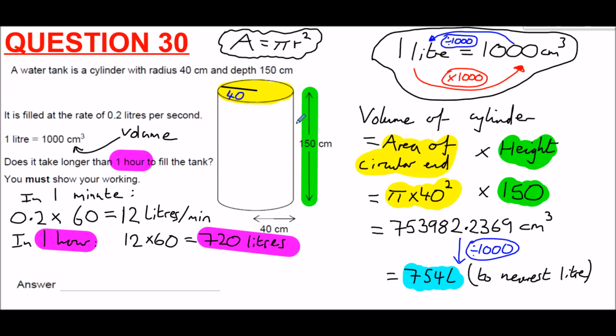But the total capacity of this cylindrical water tank is 754. And so when it says, does it take longer than 1 hour to fill the tank? Yes, it would. Because after 1 hour, only 720 litres have gone in. But to completely fill it would take 754 litres. So we need all this working to back us up when we say no.